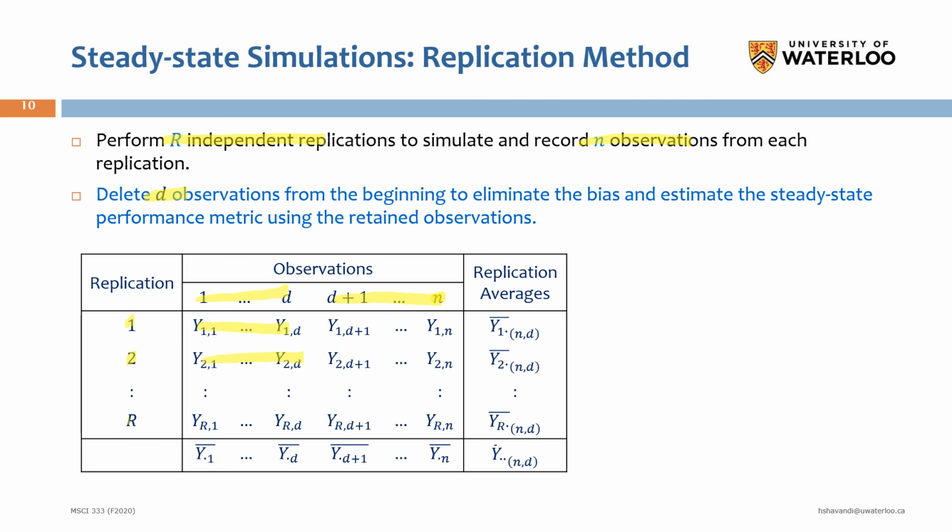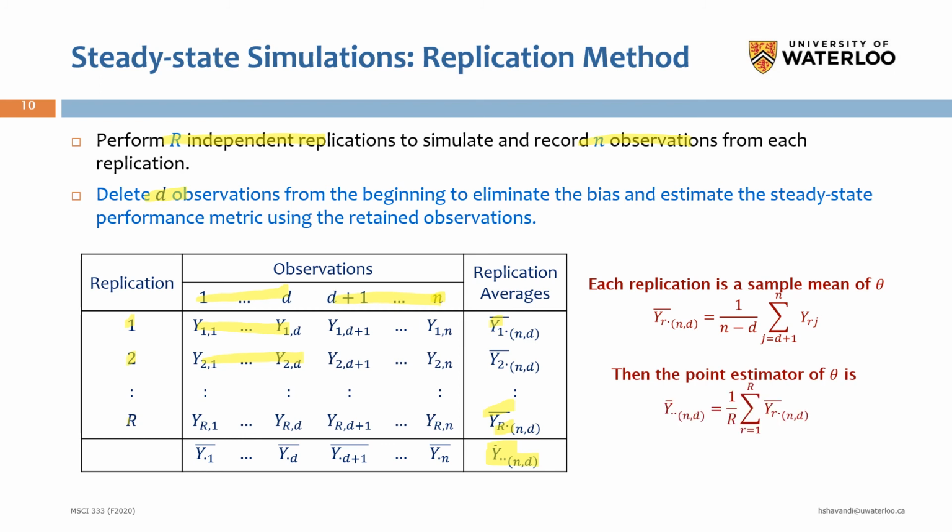And y bar 1 dot for replication 1 up to y bar r dot, the average of replication r, can be calculated, and then we can calculate the total average over all replications by y bar dot dot. So here we have the equations.